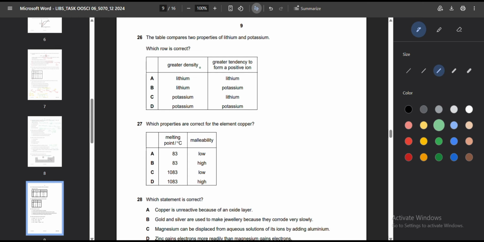Question number 26. The table compares 2 properties of lithium and potassium. Which row is correct? Alright, in group 1 we have lithium, sodium and potassium, and we know that down the group, as the atomic size increases, the density also increases, as well as the reactivity also increases.